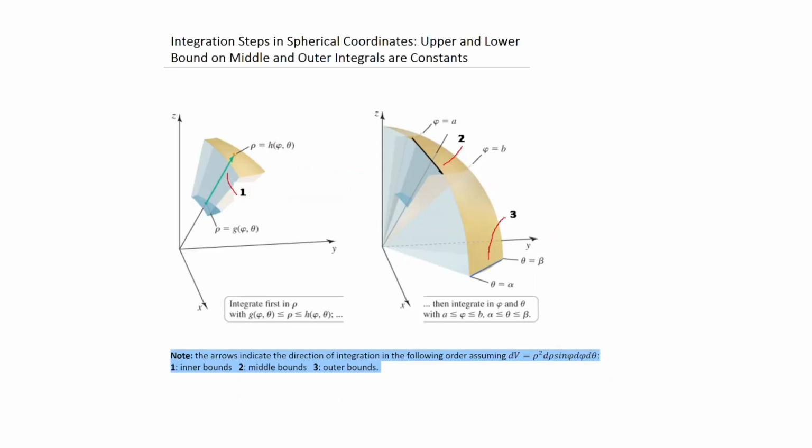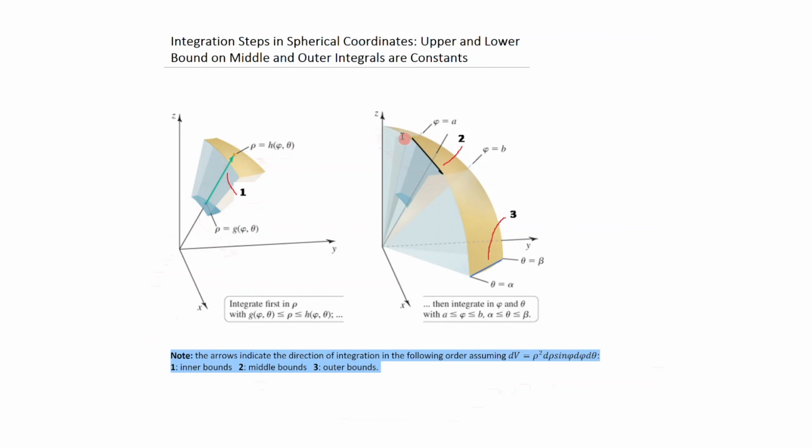Okay, so as far as integration steps in spherical coordinates, the upper and lower bounds on the middle and outer integrals are constants for this particular example. So the first one would be with respect to rho. So this would be inner surface, outer surface. So this will be the upper bound and lower bound on the innermost integral. The second integral will be with respect to phi.